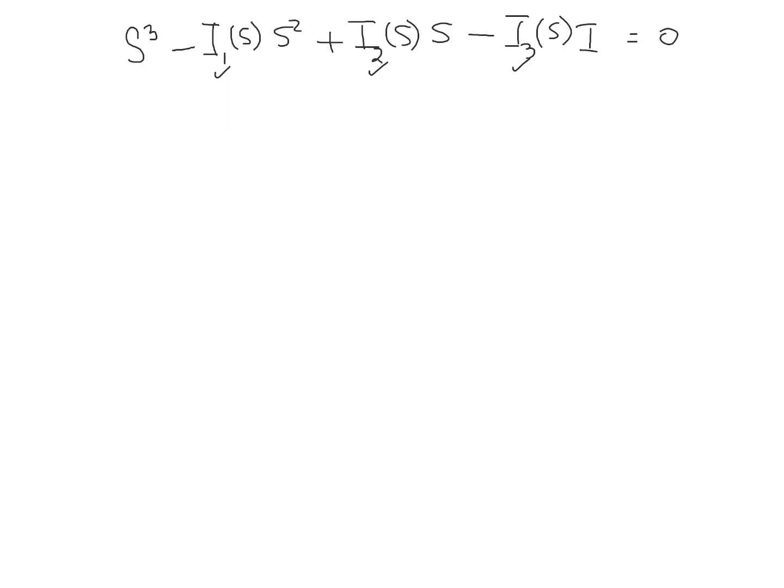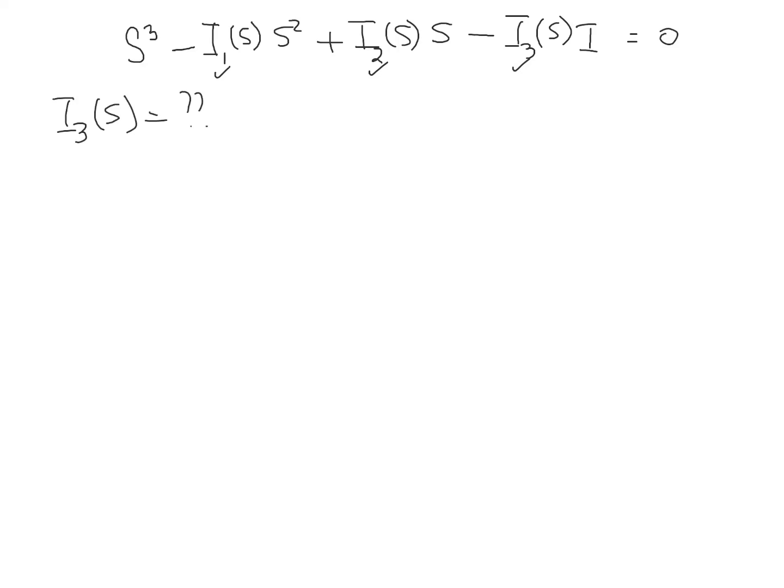So you must recognize what is the first invariant, second invariant, and the third invariant. Okay. So we are supposed to express the third invariant of our tensor S in terms of traces only.